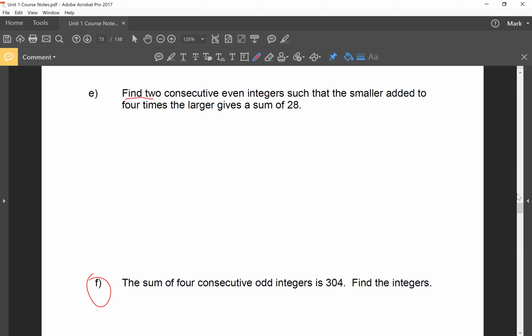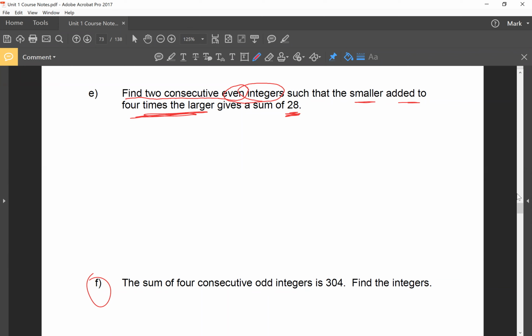It says find 2 consecutive even integers so that the smaller added to 4 times the larger equals 28. This one is definitely challenging. I don't think you would see one like this on a test.